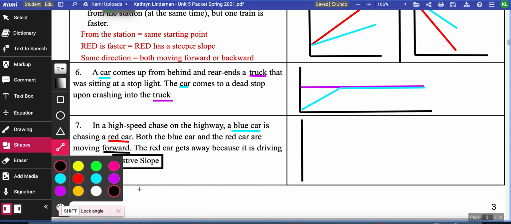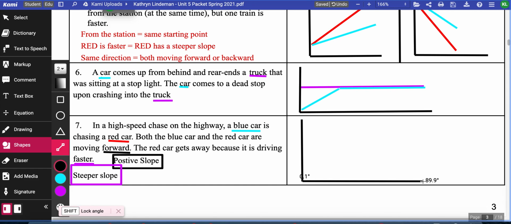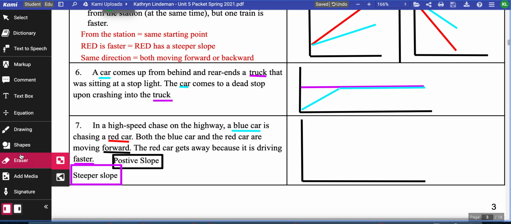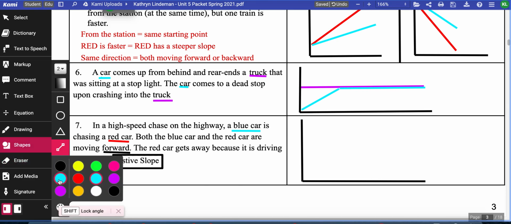So I need to complete my graph. Draw the blue car first. So the blue car is chasing the red car, which means that the blue car's location is behind the red car.